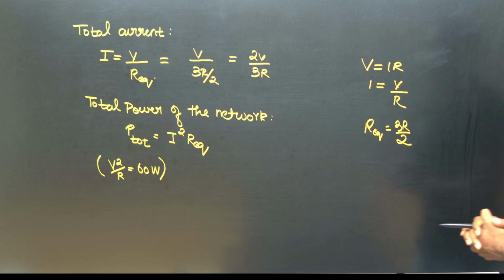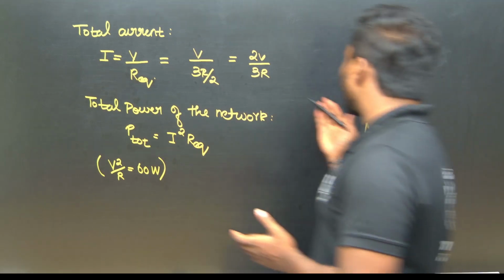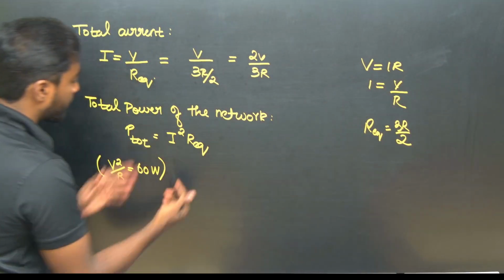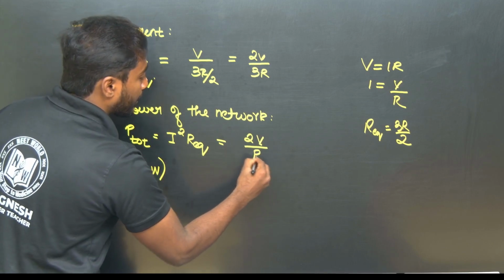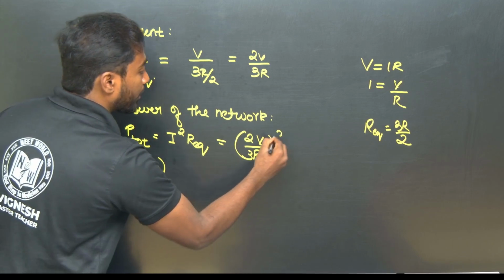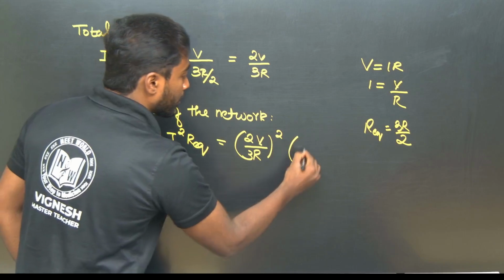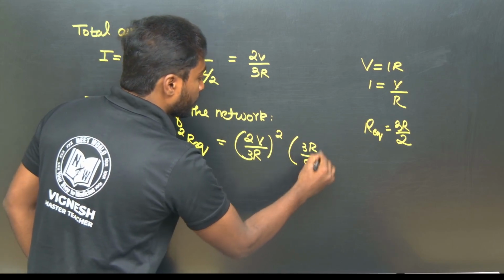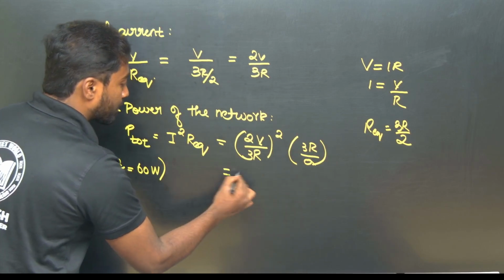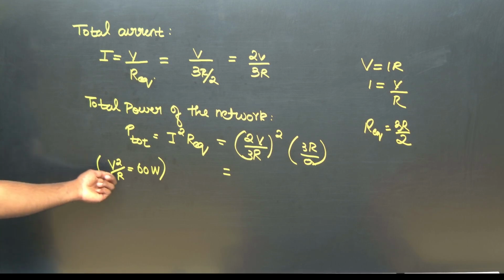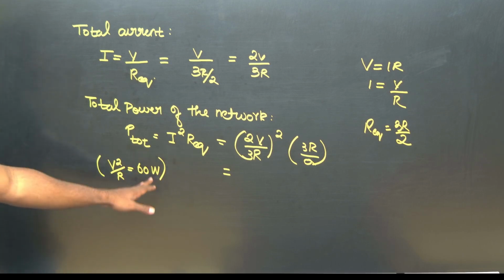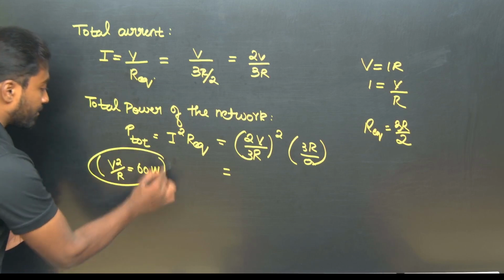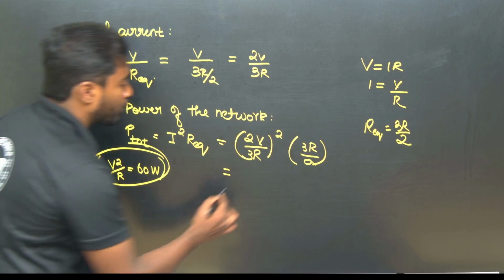Taking these values, power is 2V by 3R, the whole square, into 3R by 2. Note that V square by R is nothing but 60 watt. I will keep this as it is.